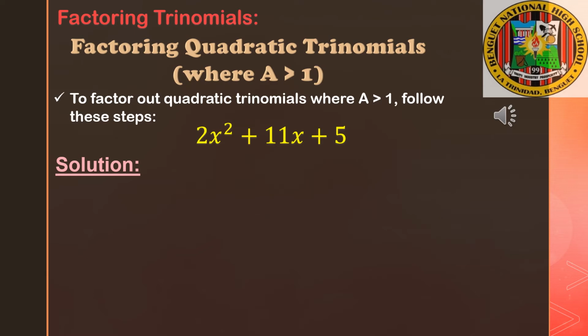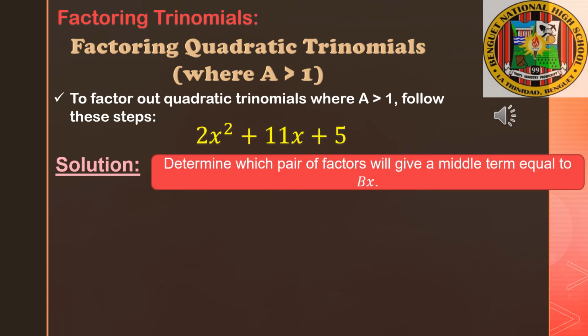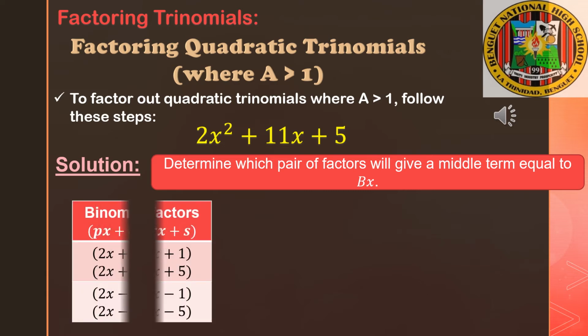After writing down all possible binomial factors, we are now going to find out which pair of factors will give us a product equal to the trinomial we are given. We can always guess our answer and check by multiplying, but we can do a simple test to get the correct pair. Do you remember the FOIL method?